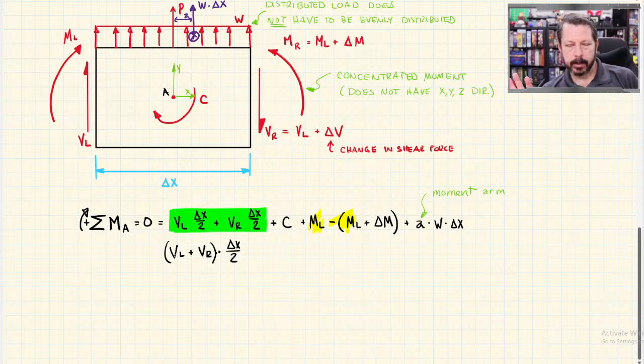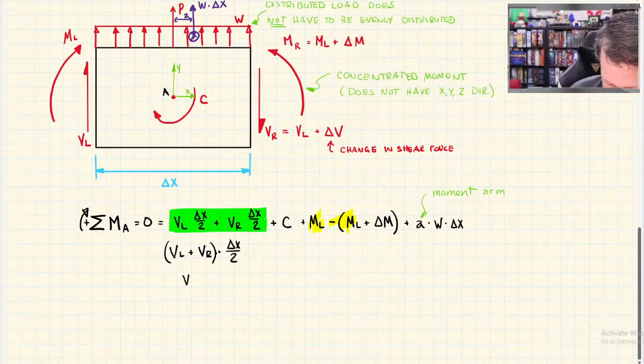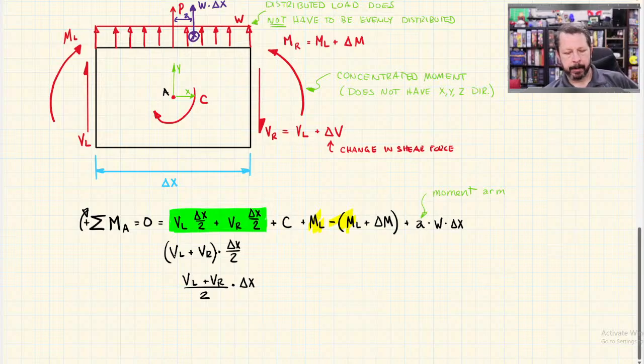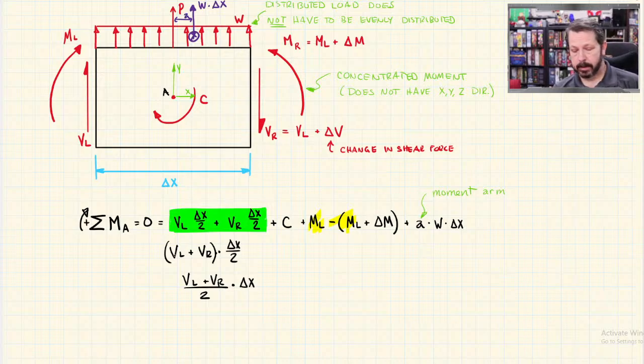I could rearrange it a little bit and write it this way: VL plus VR over 2, times delta x. So I've got a number on the left-hand side, I've got a number on the right-hand side, I add them together and divide by 2.